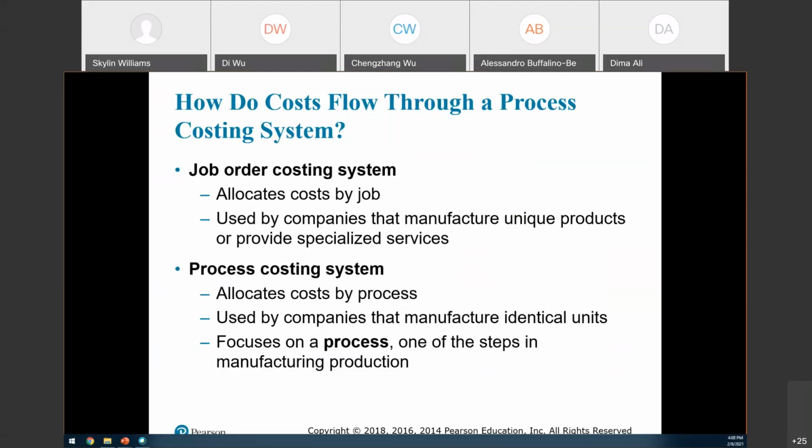As you can recall, they are raw materials inventory, work in process inventory, and finished goods inventory. When the products are sold, both systems transfer the product cost to COGS, cost of goods sold. This is an expense account on the income statement.